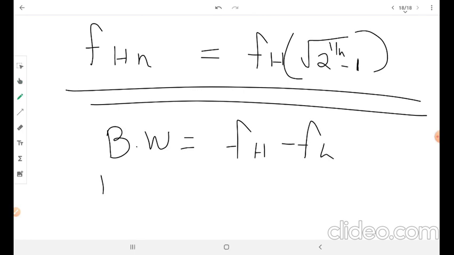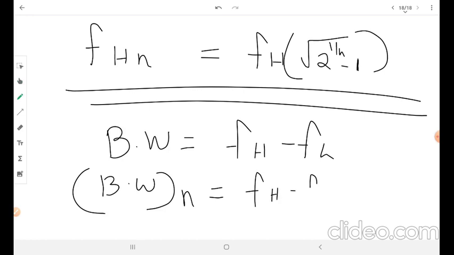For n stages, FH minus FL will always be less than the bandwidth of the individual stages, because the lower cutoff frequency is increased and the upper cutoff frequency is reduced by a factor. So the bandwidth will be decreased, that we can see here.